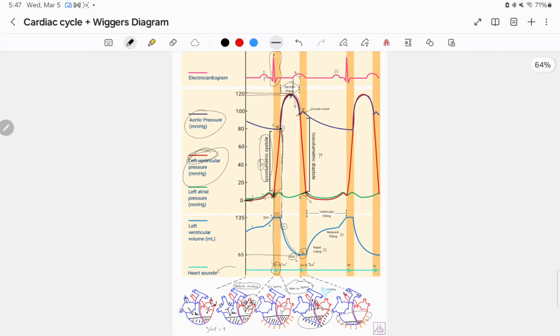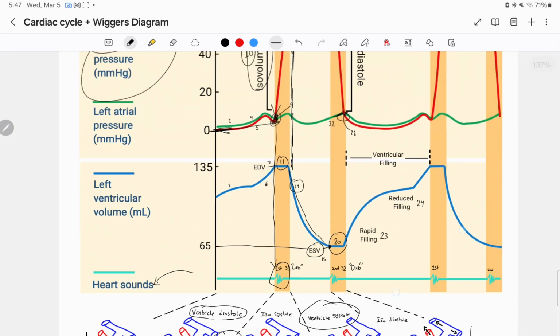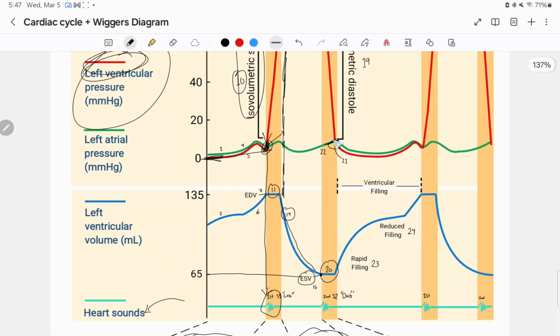So remember, just because you're in isovolumetric diastole, which is right here, doesn't mean that the atria are not getting their blood. The atria actually start getting their blood at the late portions of the isovolumetric diastole. And you can see that right here. They're going to start getting their blood, slightly increasing their pressure to what?